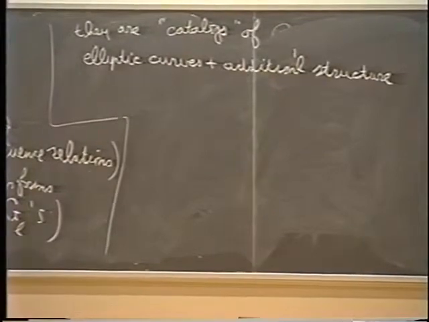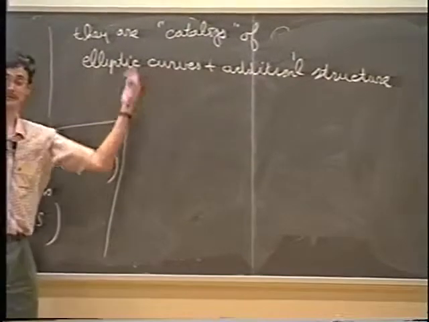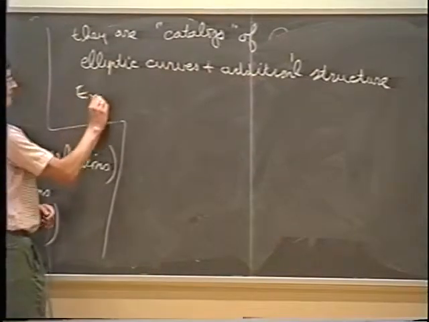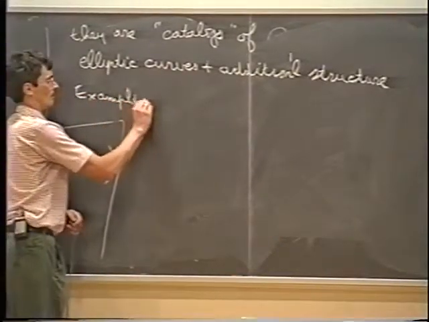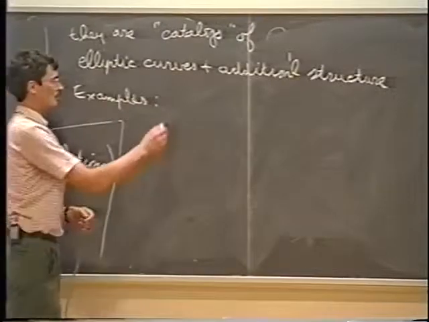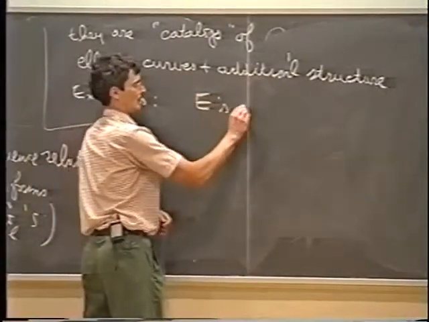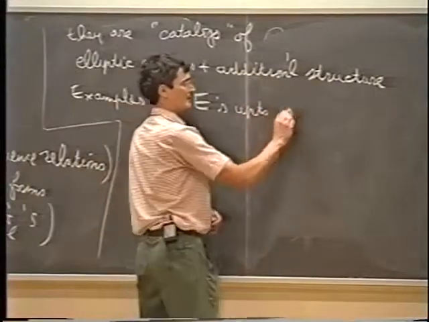For instance, what one can do is put no additional structure on elliptic curves. So these are examples. You just look at elliptic curves up to isomorphism.